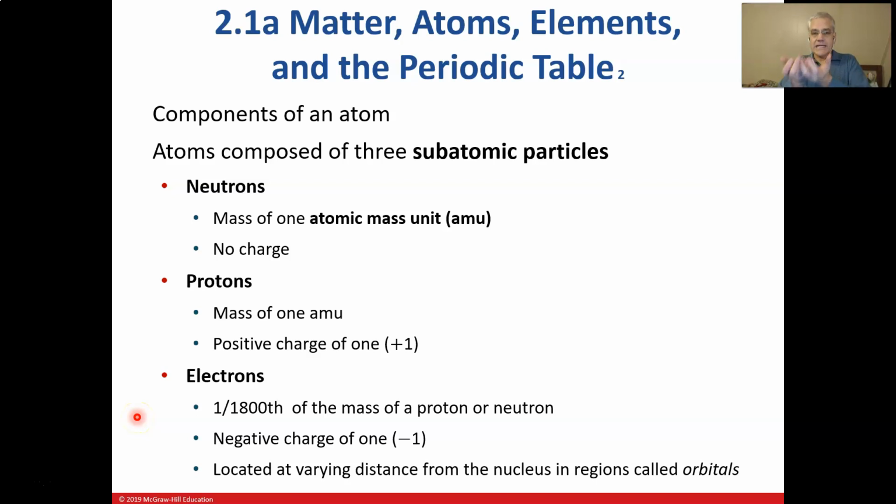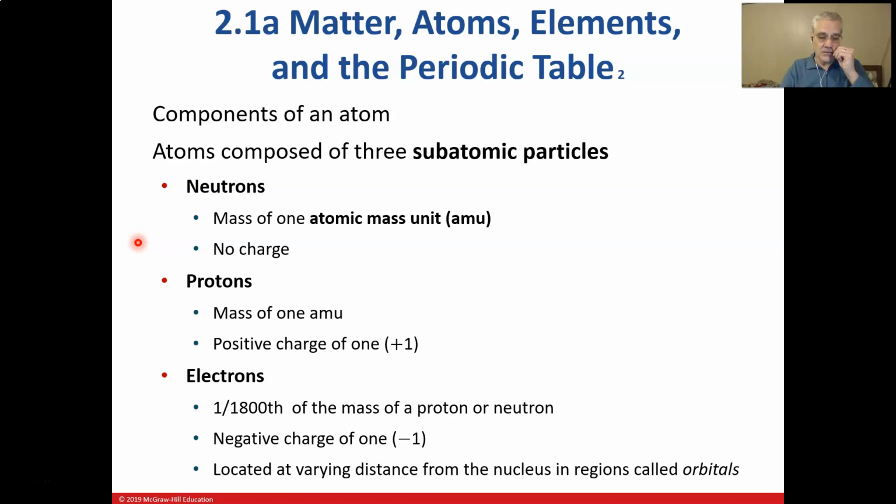So when we're weighing an atom, the electrons of that atom don't add to the weight. The neutrons and the protons are the things that weigh something. So when we talk about an atomic mass, or how much does an atom weigh, you add up the neutrons and the protons. That's how much it weighs.